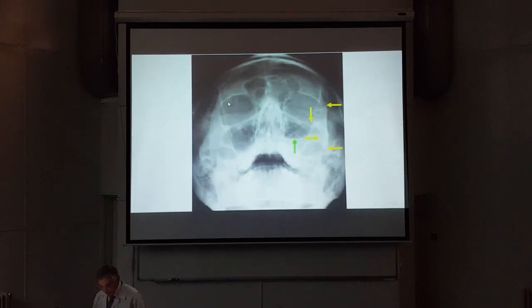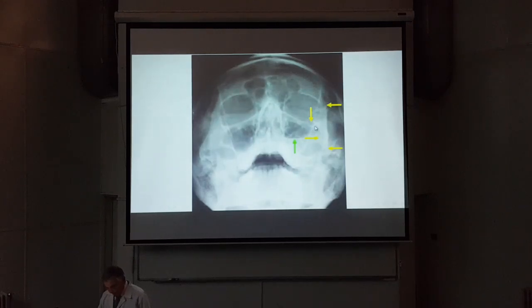If you compare this nice continuous line, lateral margin of the orbit, in this side, it's not nice and normal. There's something wrong with it. If you look at this bubble here, it's not present here.